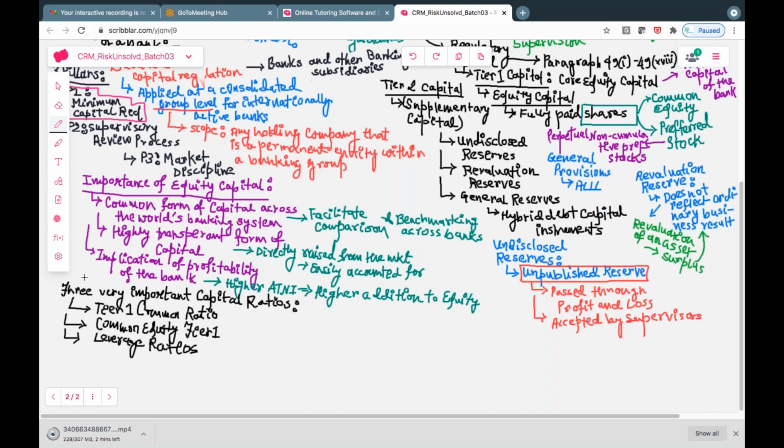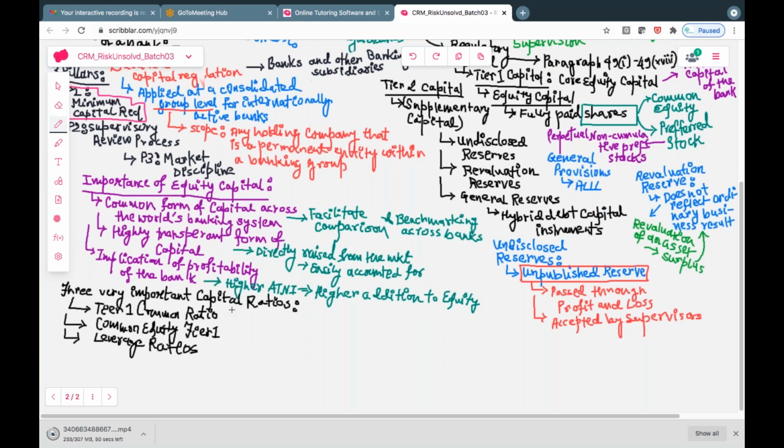So let's try to talk about what the tier one common ratio is. Let's try to take up each of these capital ratios, and also on the tier two side, we saw that most of them were undisclosed reserves, revaluation reserves, be it the general provisions or the revaluation reserves.